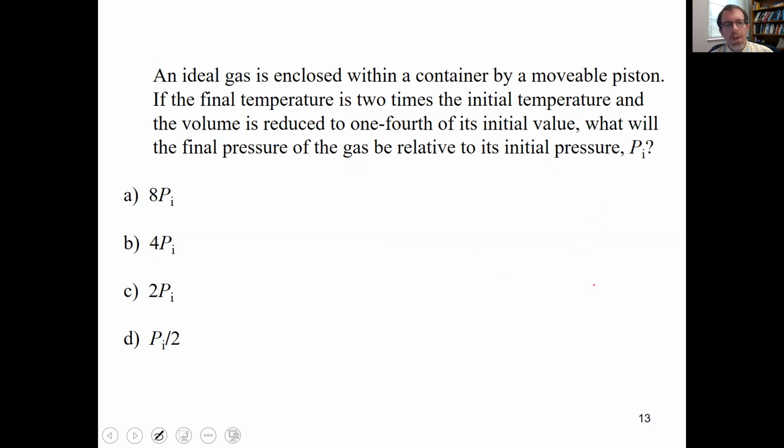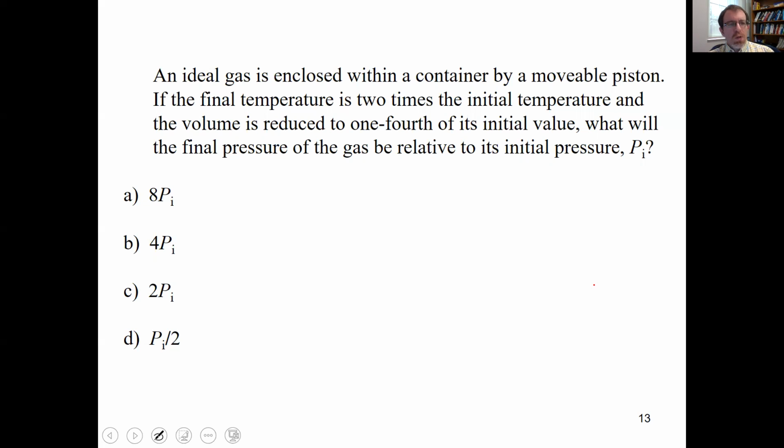All right, so this is a question for you. I want you to pause the video and try to work this out on your own. I will say you might find it a little bit tricky. That's okay. So let's read this real quick. It says we've got an ideal gas trapped inside a container with a movable piston. That basically just means the container's volume can change, but the amount of gas inside the container is not going to change.